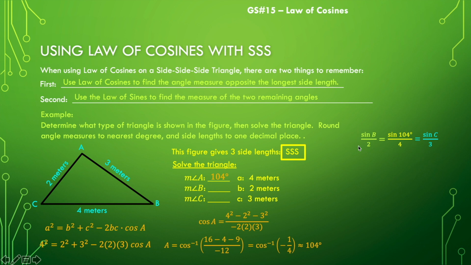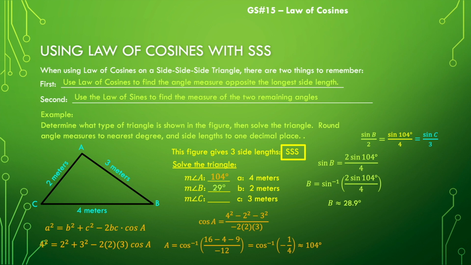So let's focus on these 2 ratios, and we will say the sine of angle B is equal to 2 times the sine of 104 degrees, all divided by 4. Of course, then B will have to equal the inverse sine of 2 sine 104 degrees over 4, which we will get from our handy calculator to be about 28.9 degrees. And we'll go ahead and round that to 29 degrees.